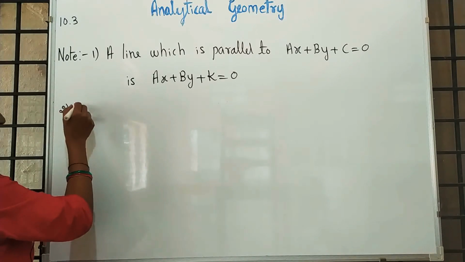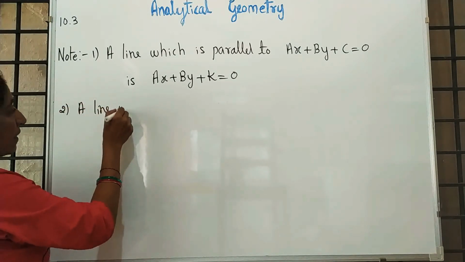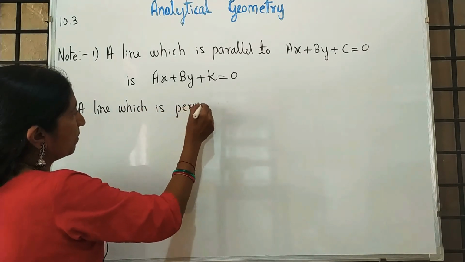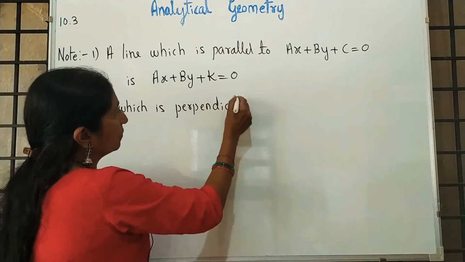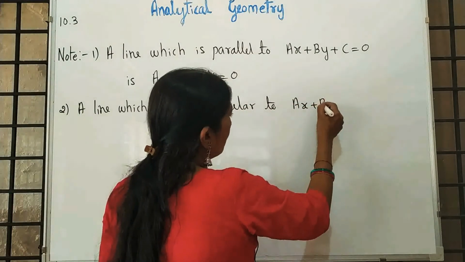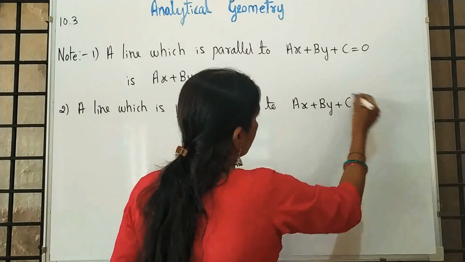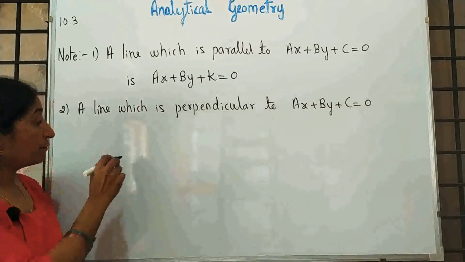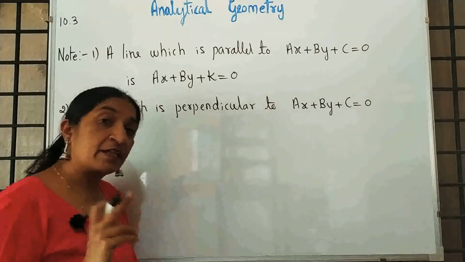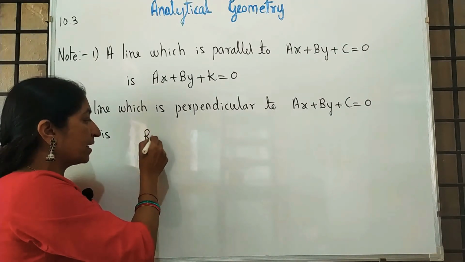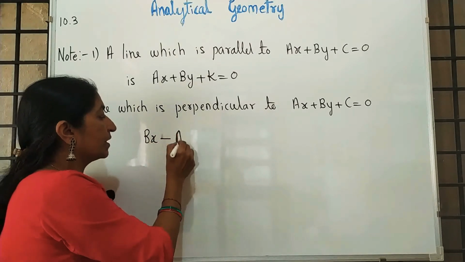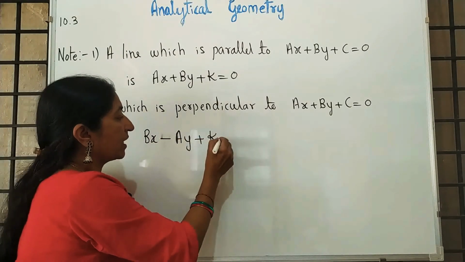Second one, a line which is perpendicular to ax + by + c = 0 is, please note down, we have to interchange the coefficients of x and y: bx minus ay plus k = 0.